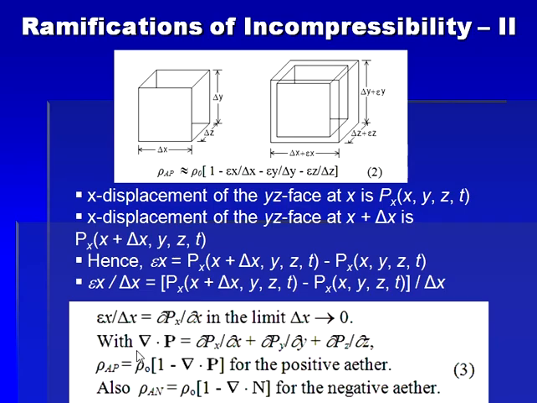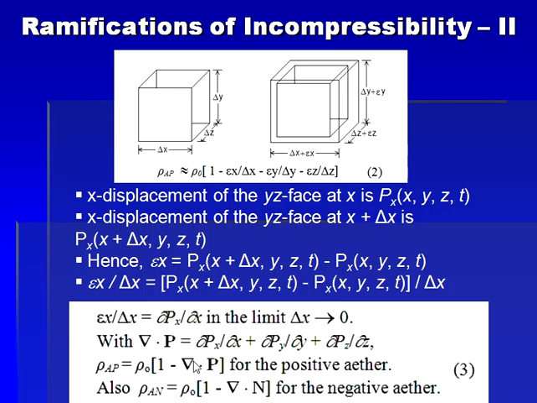Since the divergence of P is defined as follows, if we repeat this analysis for the other adjacent faces of the cube, we will obtain that the density of the attached ether in the expanded cube is given by rho sub 0 times 1 minus the divergence of P for the positive ether.